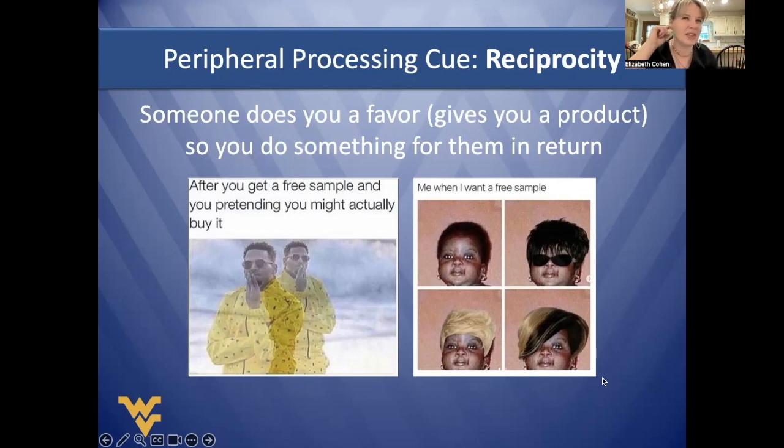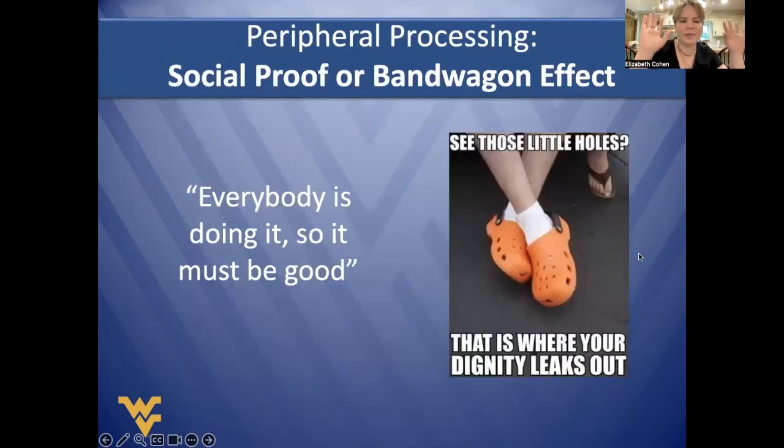And here's the thing, it's peripheral processing, so you're probably not even thinking of it on that level. Think gut level sort of feelings. So that's the reciprocity idea. Costco samples, just remember that.